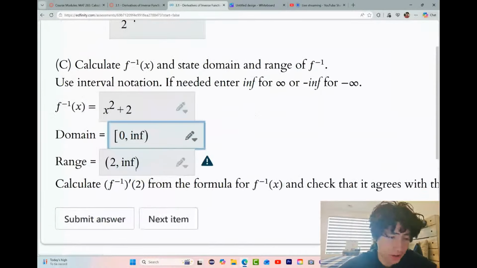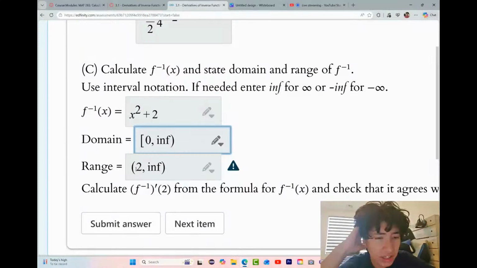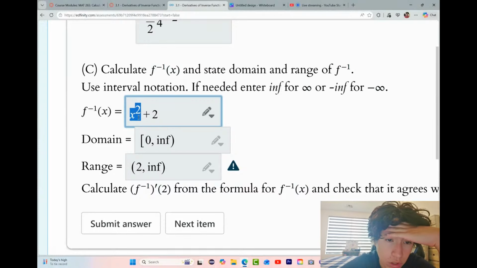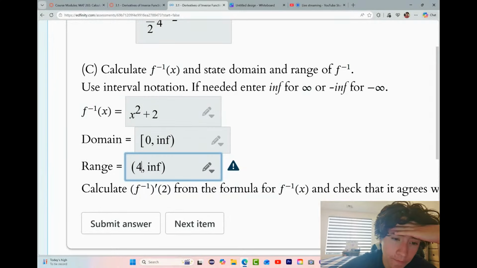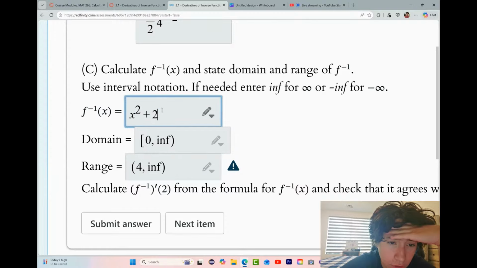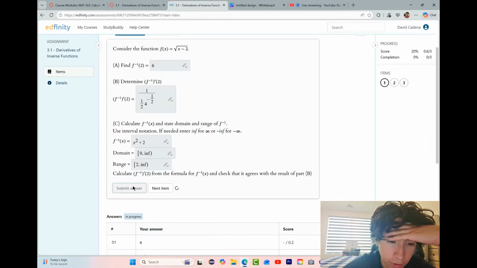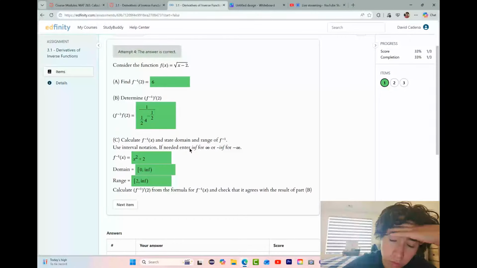And then the range, well, it's 0 squared, you get 2. 2 to infinity. Oh, sorry, 0 squared is 2. So you must get there. Oh yeah, I guess you included 2, right?